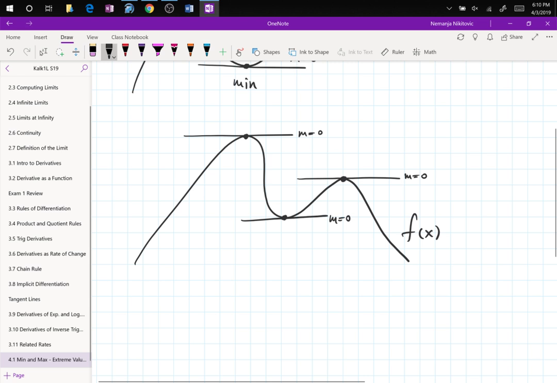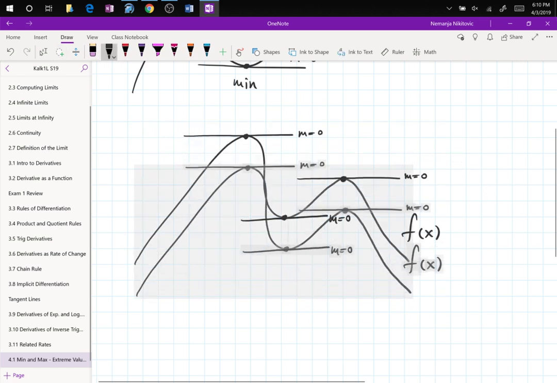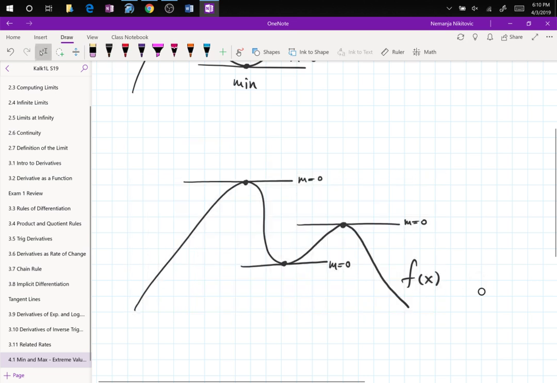Now, both of these on top are max values, but they are different max values. The one on top is called absolute max, also known as global, depending on which literature you read.